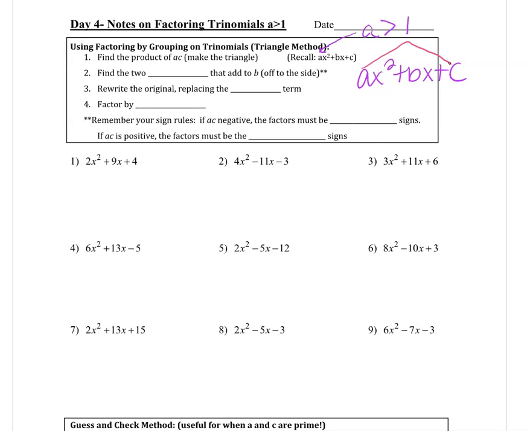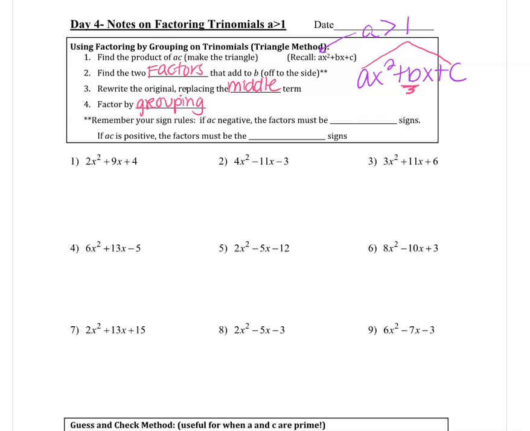We're then going to figure out what two factors are that add to B, which is our middle term, off to the side. We then will rewrite the original, replacing that middle term, and then do factor by grouping to finish.